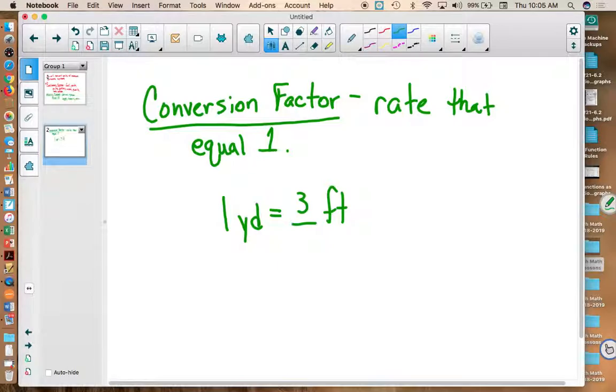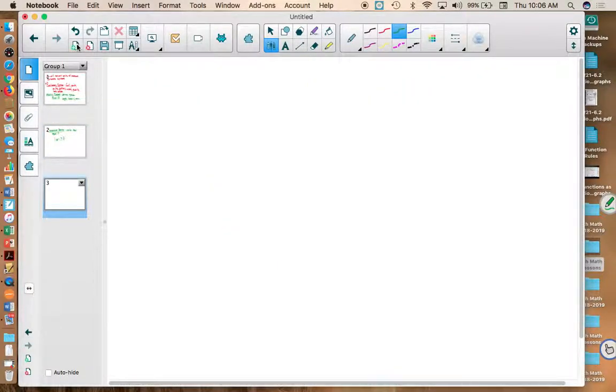We're also going to be using something called the unit analysis, just to decide which factor to use, okay? We'll get into that a little bit more. Let's go on.